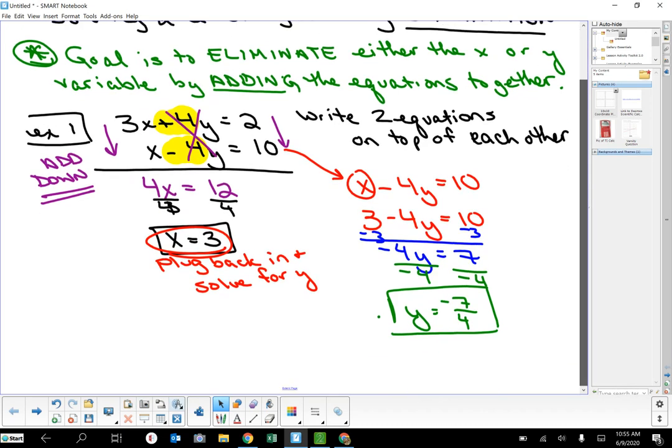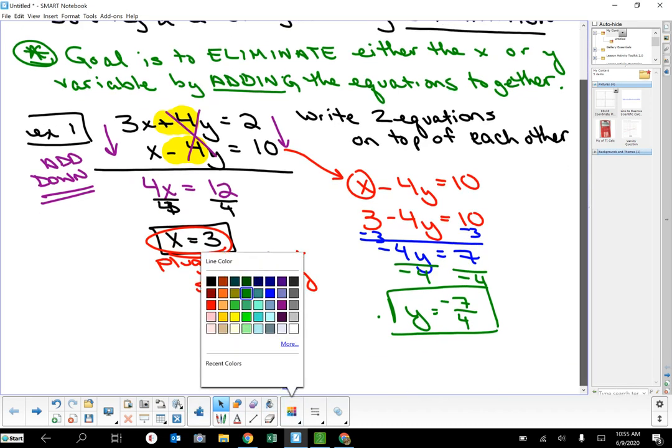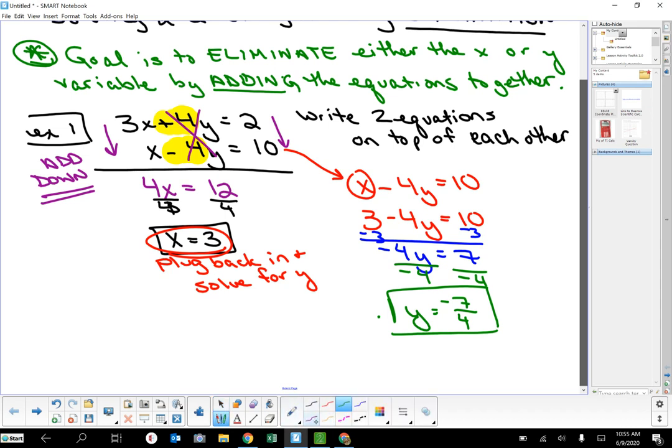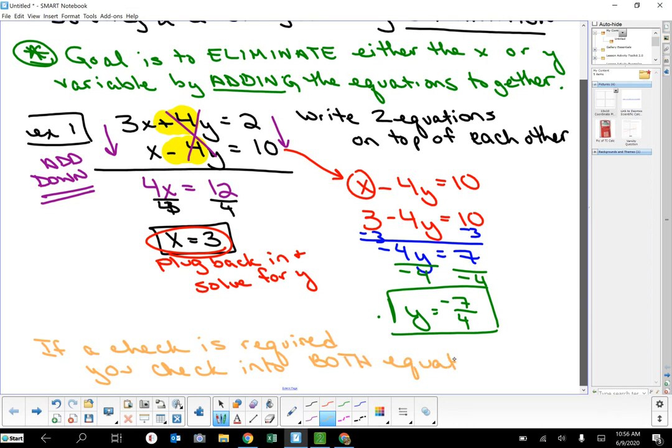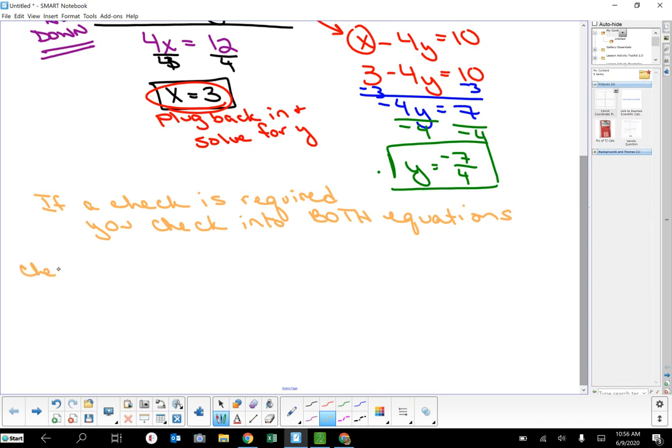Again, make sure if a check is required, you check into both equations. Because if these don't actually check, then you need to do some more work. So let's take the time to check these just so you see what they look like.